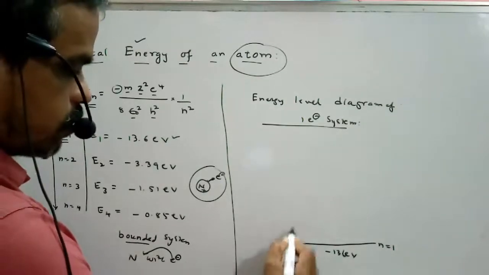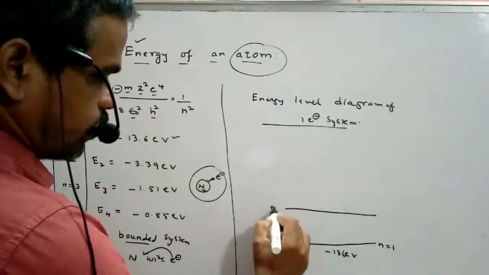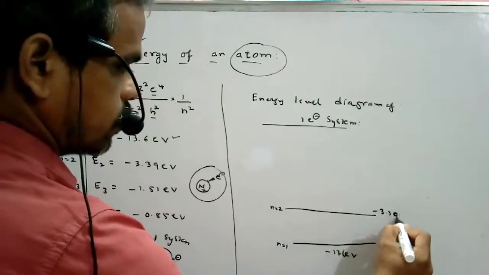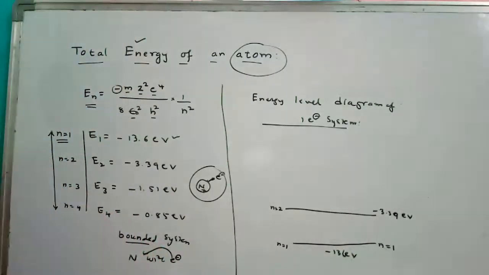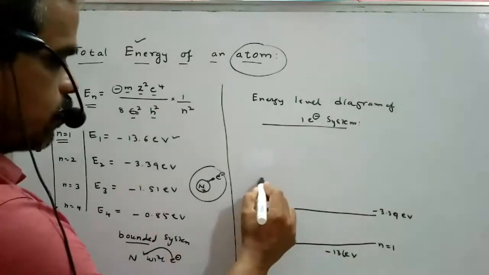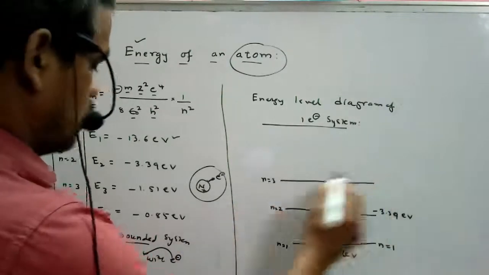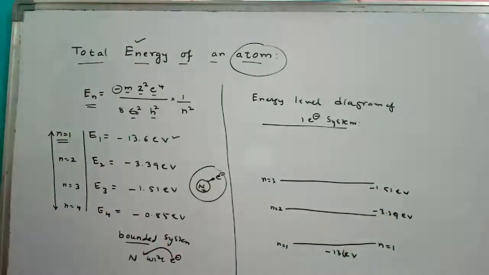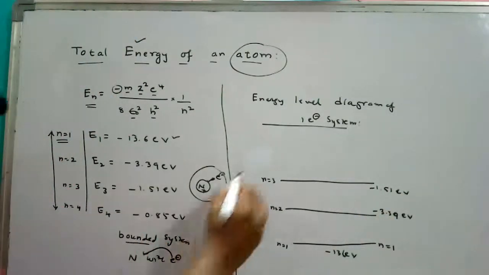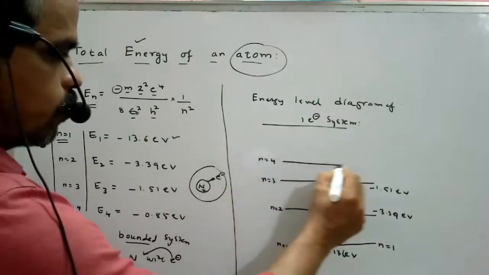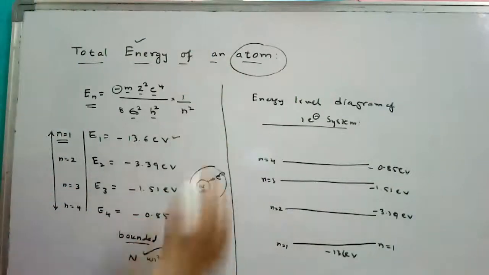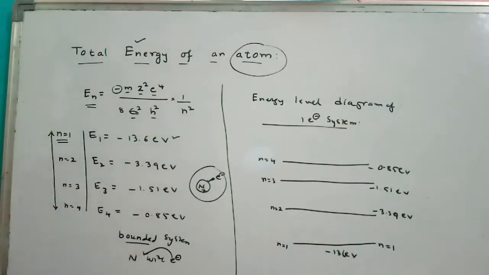Go for n equal to 2: minus 3.39 electron volt. Go for n equal to 3: minus 1.51 electron volt. We go for n equal to 4: minus 0.85 electron volt. This is the energy level diagram of a one electron system.